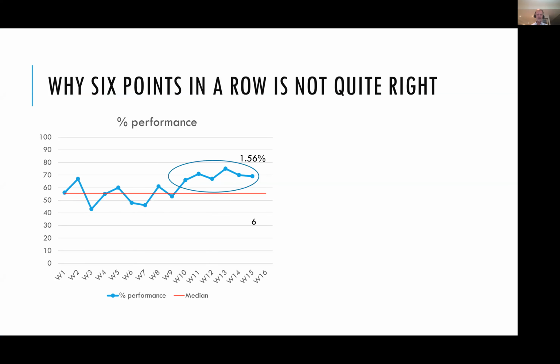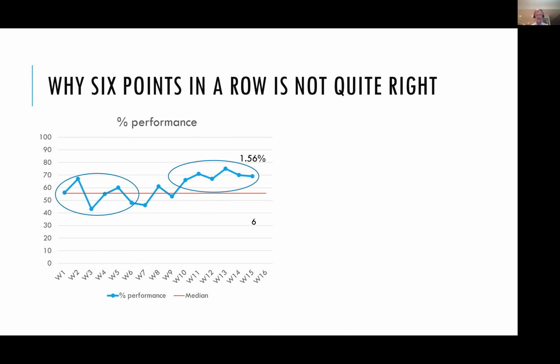If you flip a coin 6 times, the probability of getting 6 heads in a row is very low. It's 1.56%. But even if we have data like this, where we have 16 data points, each of those points has a probability of starting a run of 6 in a row.